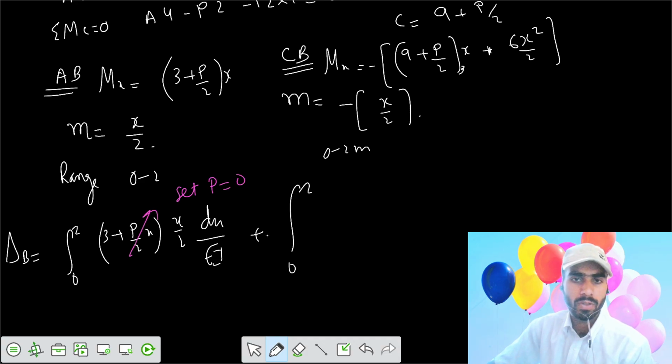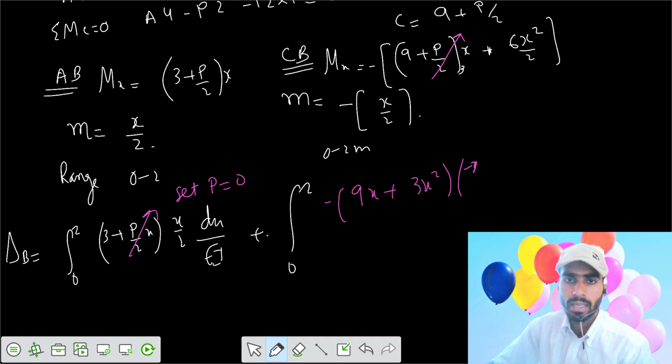If you set P equals to 0, then this becomes 0. So we can write 0 to 2 of minus (9x plus 3x squared) into minus x by 2 dx by EI.